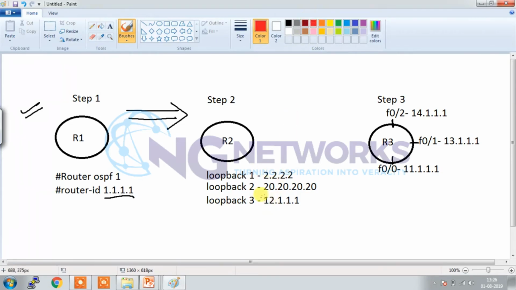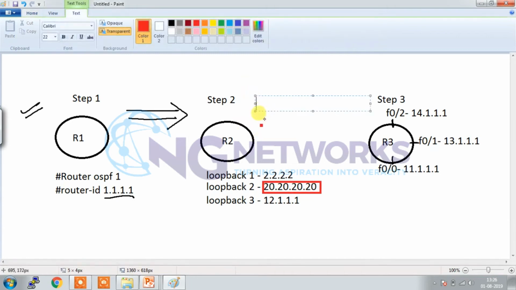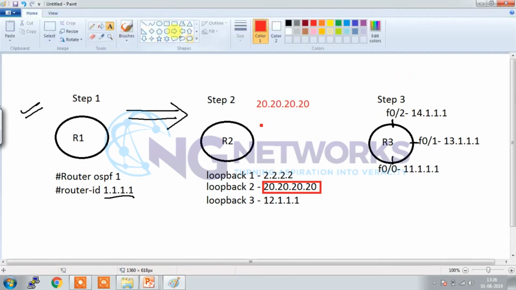So in this scenario, this particular IP is highest, so the router ID of R2 will become 20.20.20.20, okay.